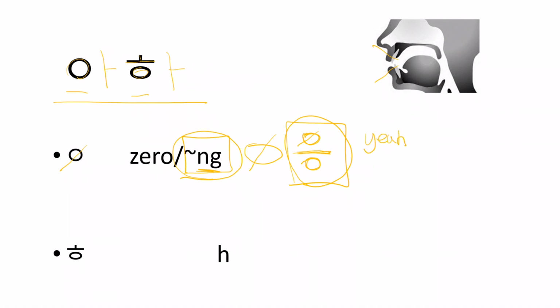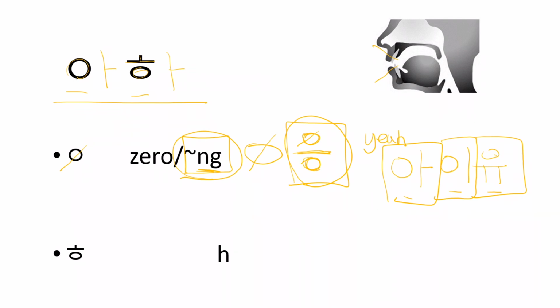Now let's look at a different example. Can you read this with me? A, E, U. Now, can you tell me, does any of these zero sounds make any sound here?